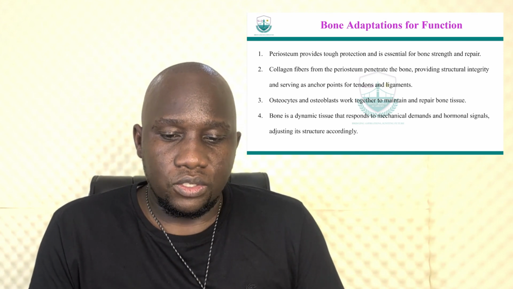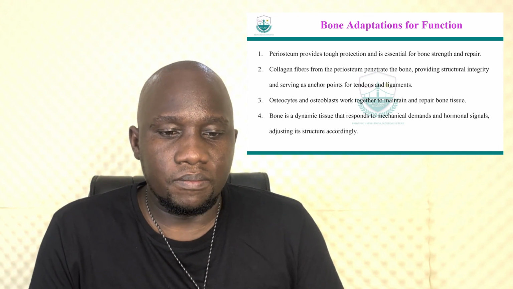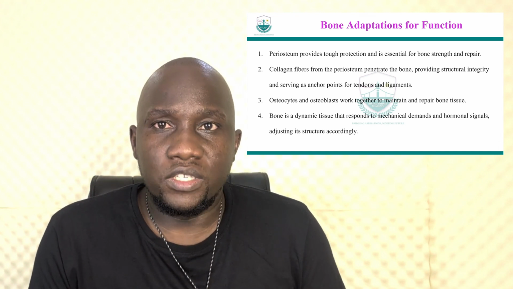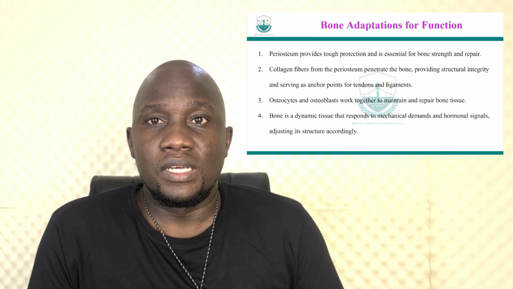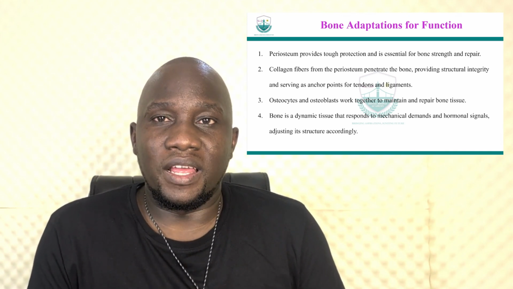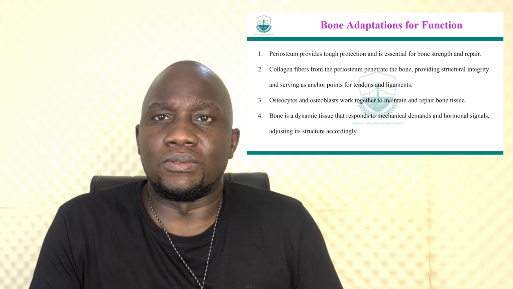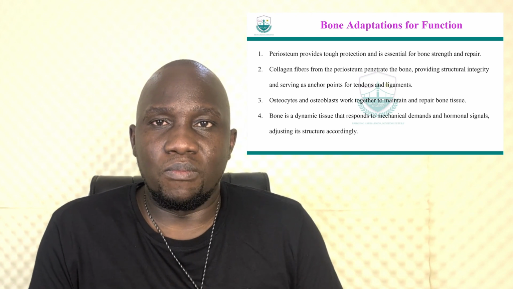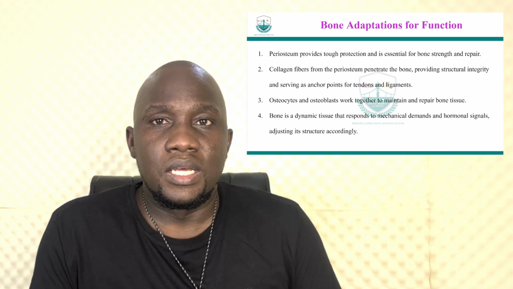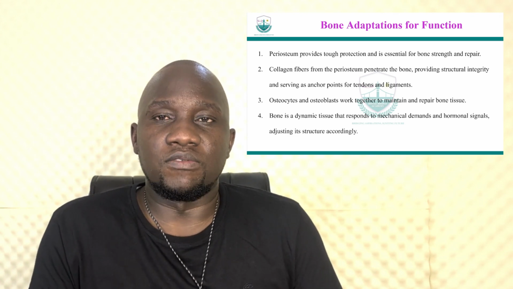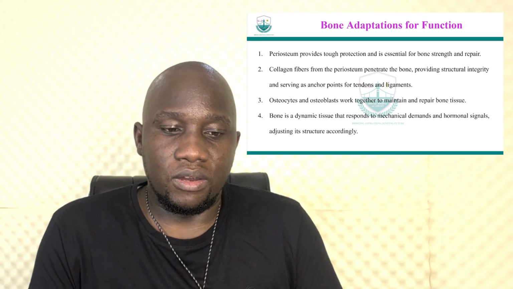So bones are responsive to a number of hormones or chemical signals that may require, for example, some of the salts to be released, or some of the components of bones to be repaired. So bones are responsive to these chemical signals, and that allows them to play the role that they do.